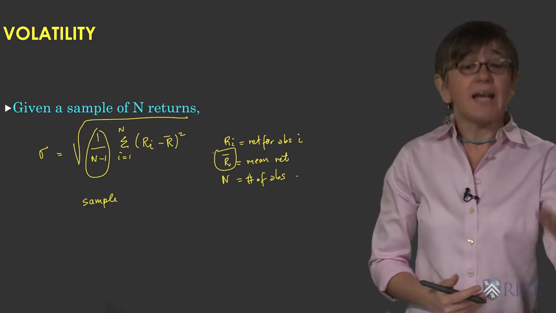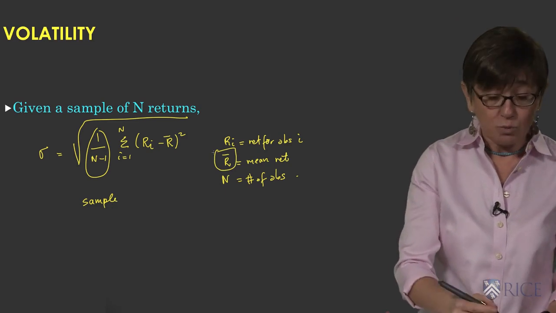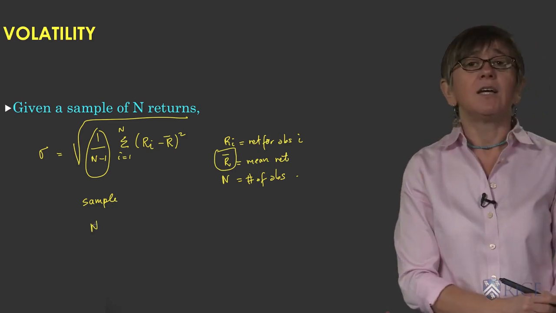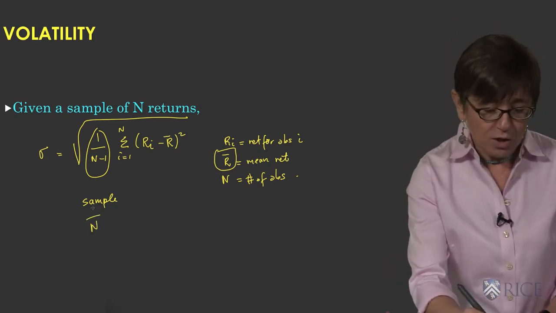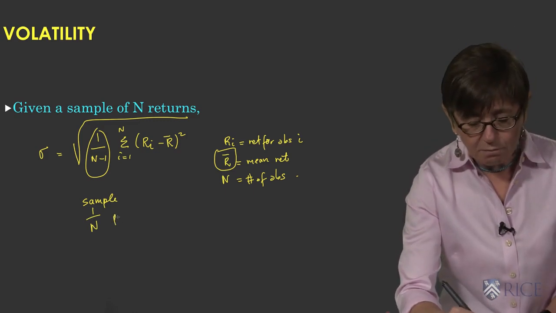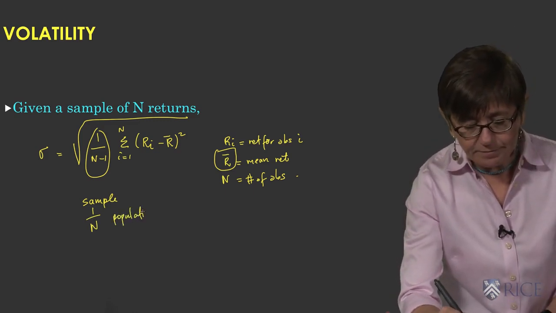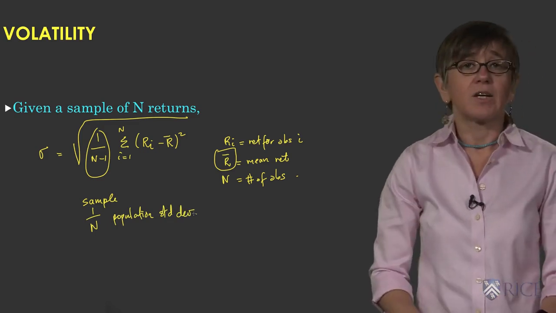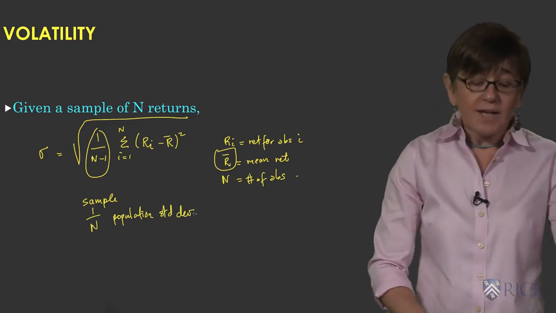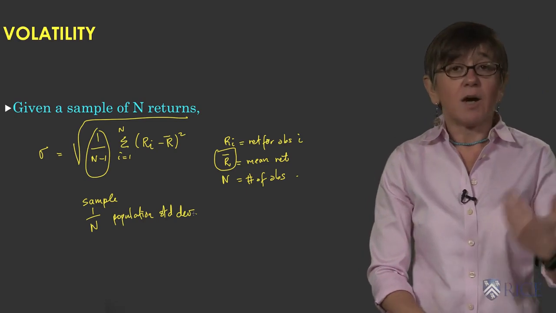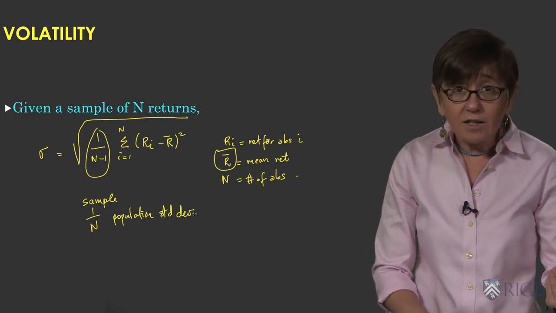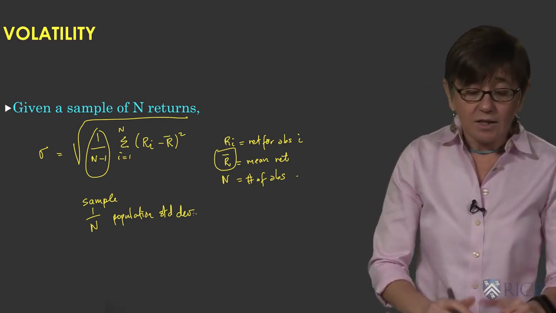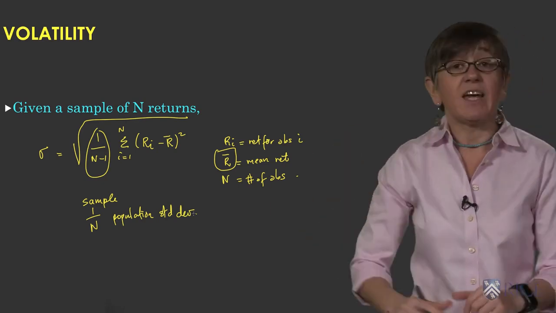If you replace n minus 1 with n, in other words, with 1 over n, then you would get the population standard deviation. So remember, what is the standard deviation? Well, it's the square root of the average squared deviations from the mean.